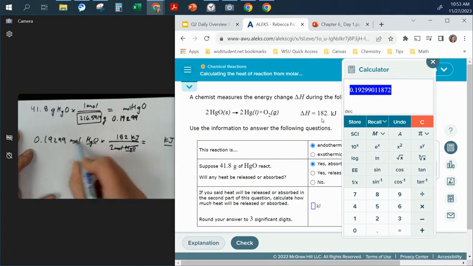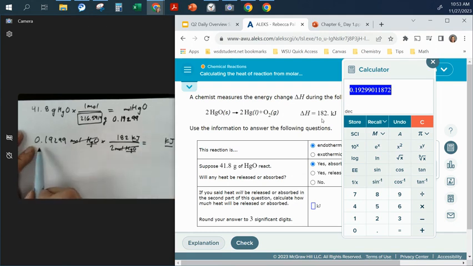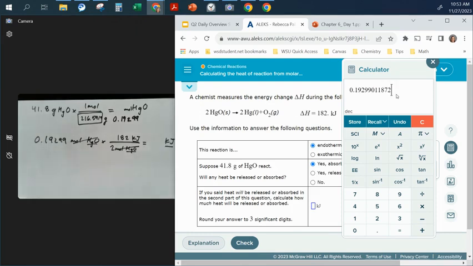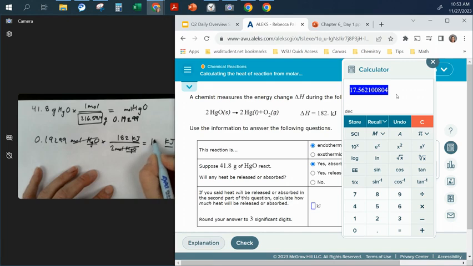So moles of mercury oxide cancels out. So this one I'll have to take the moles of mercury oxide I have multiplied by this ratio, times 182 divided by 2. Okay, and then we get out this number, 17.562.